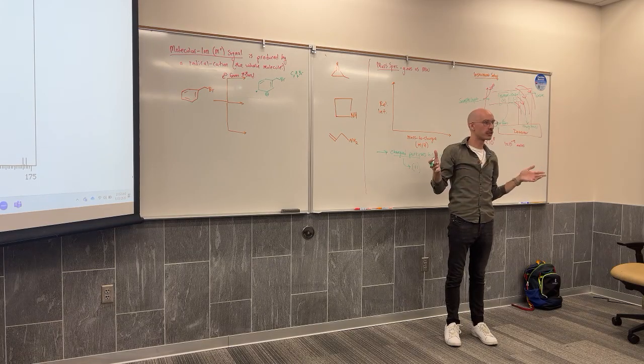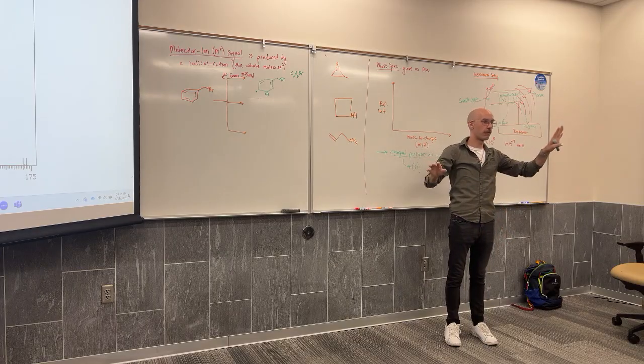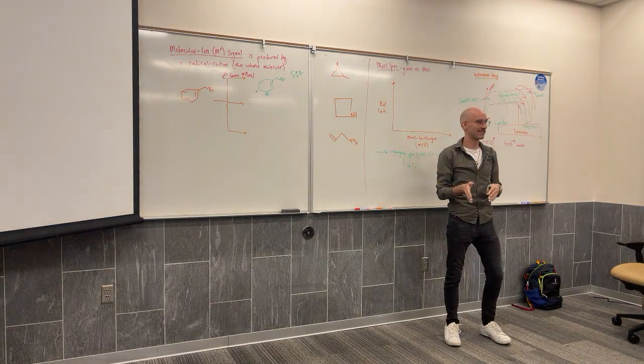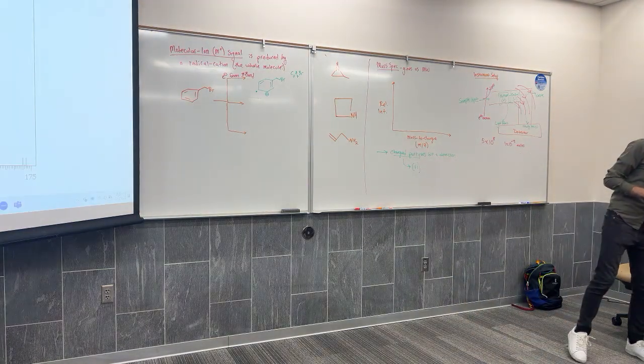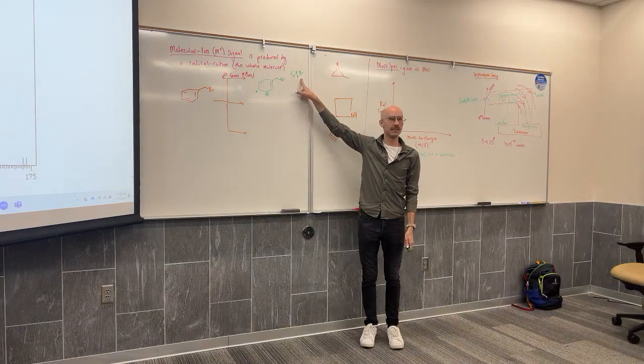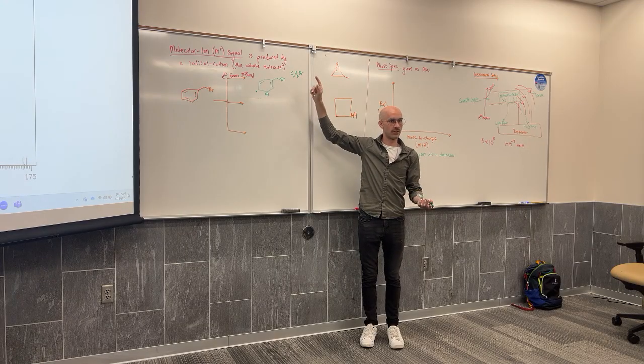If you had 100 atoms of bromine, 51 of them would weigh 79, 49 of them would weigh 81. So bromine does not weigh 79.9, bromine weighs 79 and 81. So when I do 91 plus 79, 170. Or 91 plus 81, which should be 172.